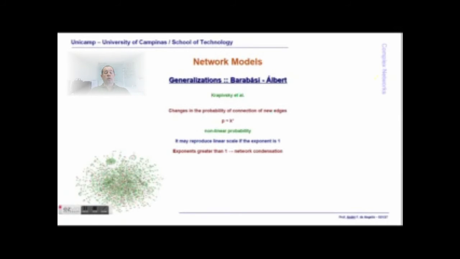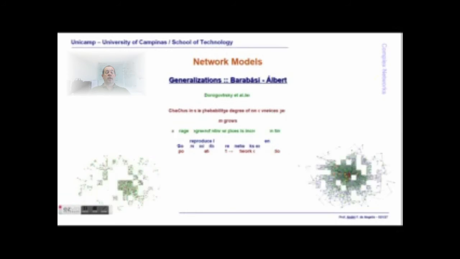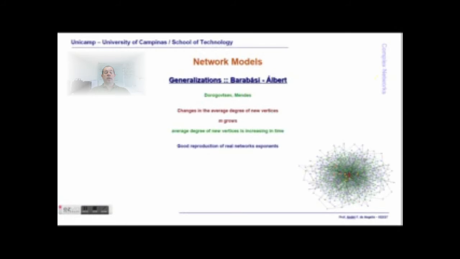Then, each new model from Barabási-Albert, the original one, will change some properties of the network, but essentially they keep the preferential attachment and the scale-free degree distribution of nodes. Okay?